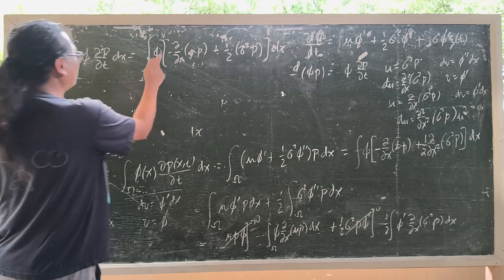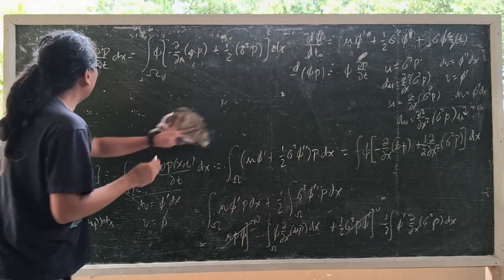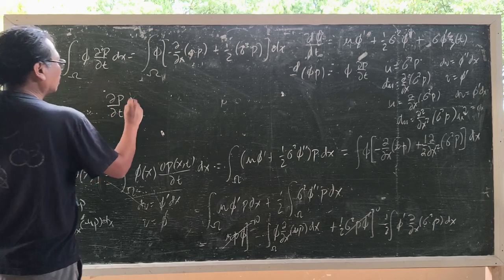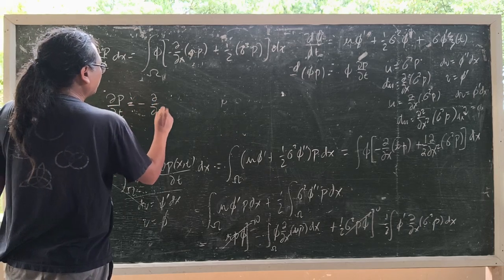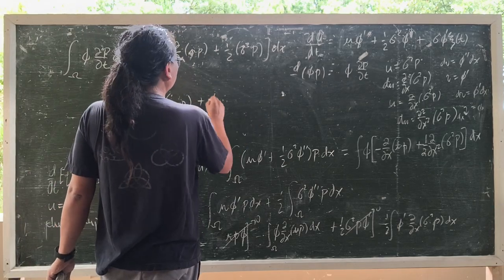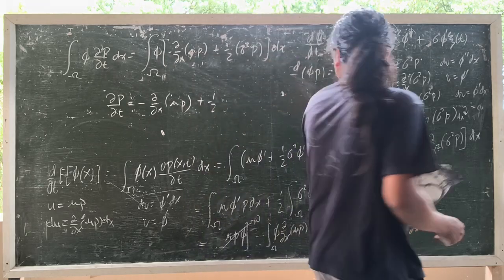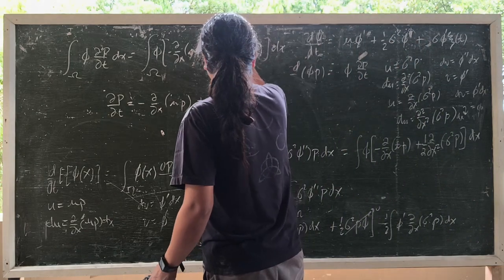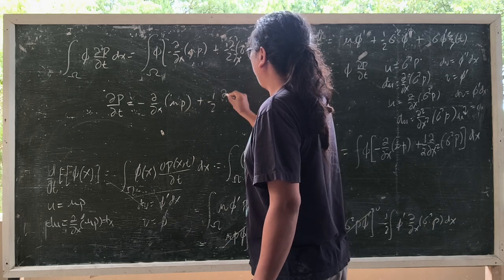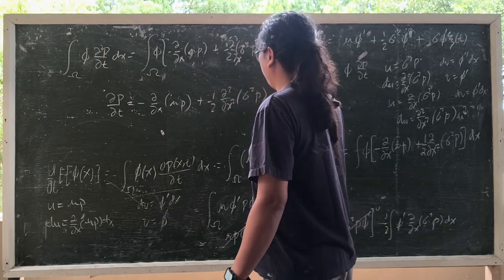Therefore, since this is a test function, what we conclude is partial p over partial t equals minus partial over partial x of mu p plus 1/2 partial squared over partial x squared of sigma squared p.